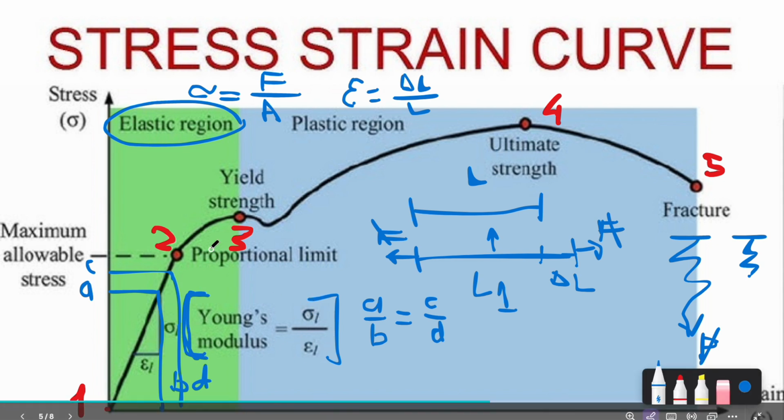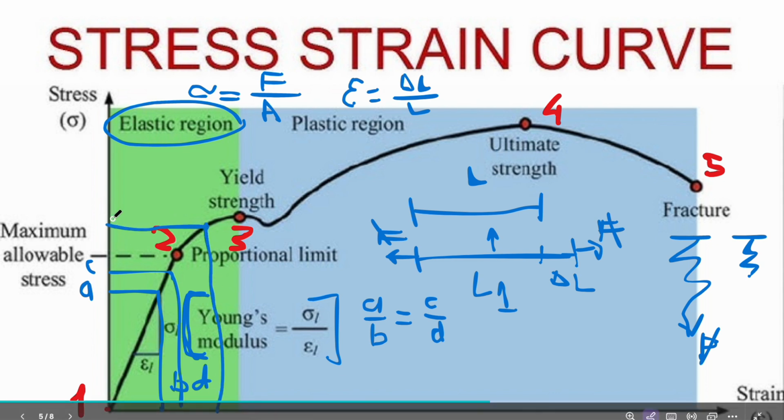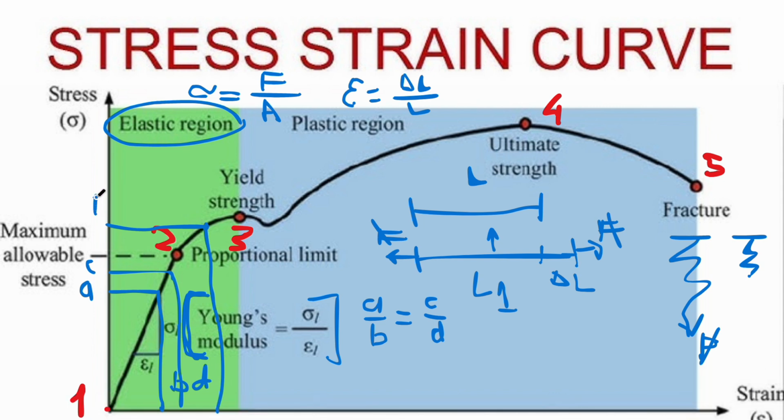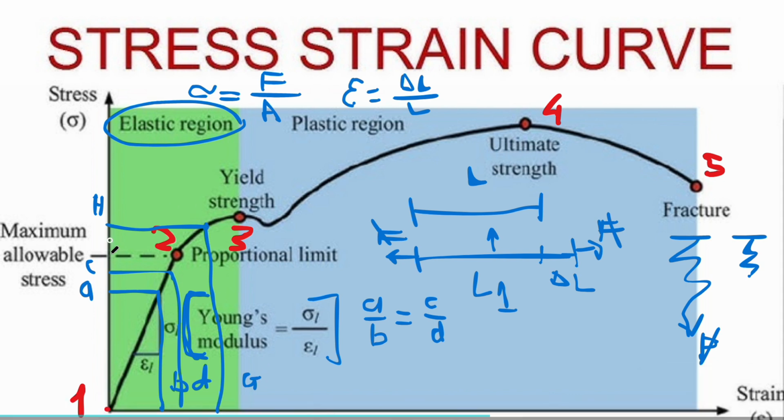Now, for example, I have a point in region 2 to 3, here this is H and G. Here it does not maintain the Young modulus formula.